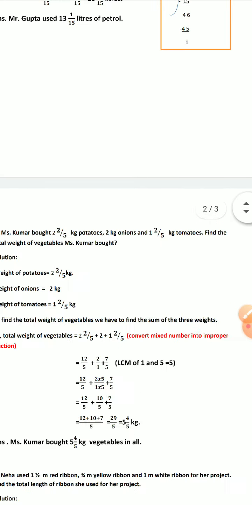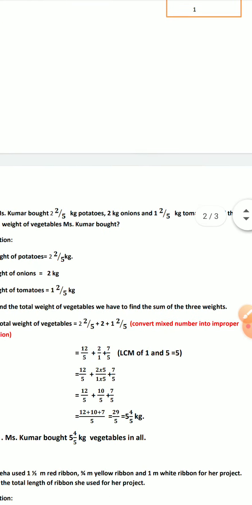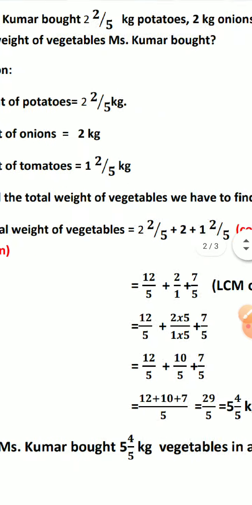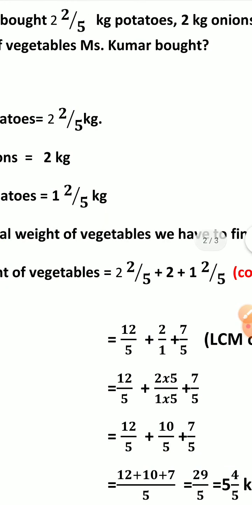So that we do, but we have to learn the method of addition. So you have to convert this 2/5 into an improper fraction. You can do this: multiply this denominator 5 into the whole number 2, 5 2s are 10, plus 2 is 12 by 5. The second fraction is 2 only, it is a whole number, so convert it into a fraction.